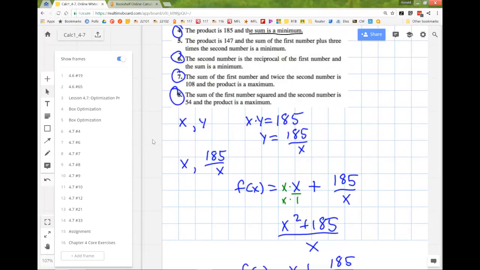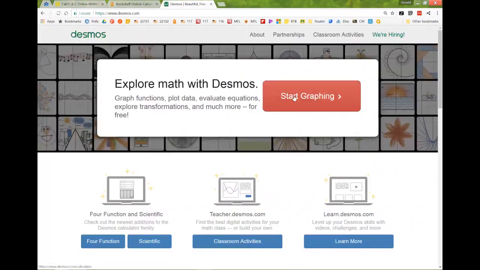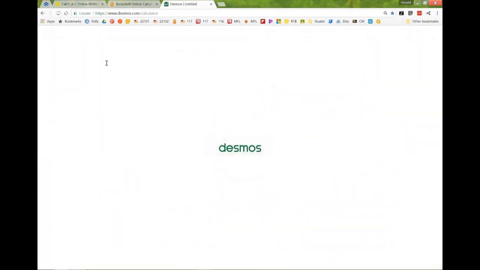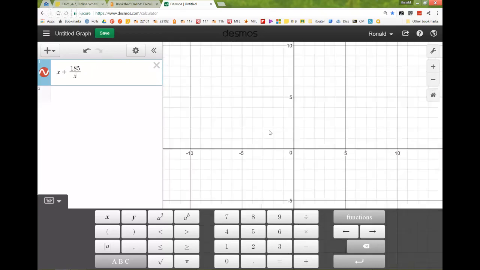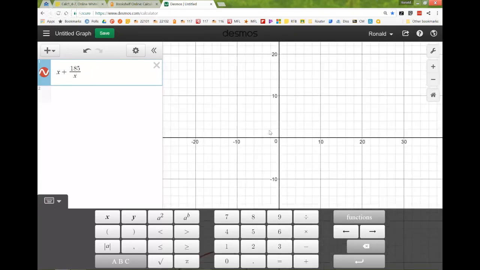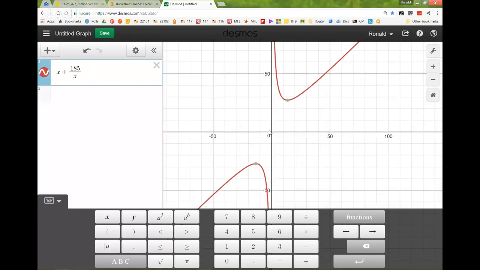Now, let's just take a look at that in Desmos and see what that looks like. X plus 185 over x. Okay, we got to zoom out to see this. If we zoom out far enough, you can see there are two parts to this curve.